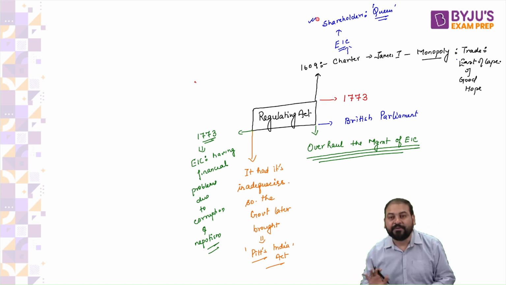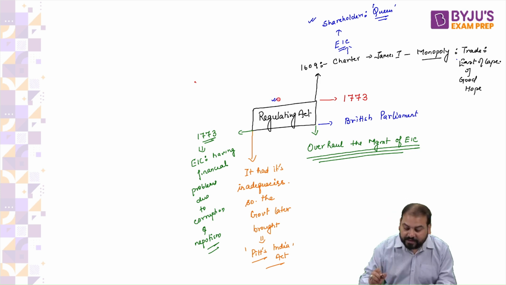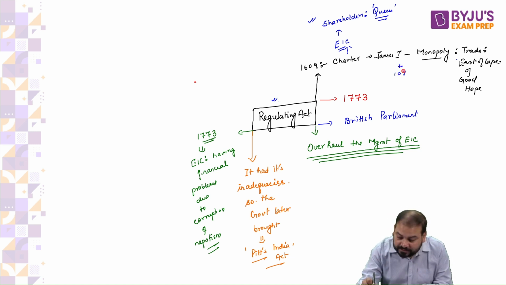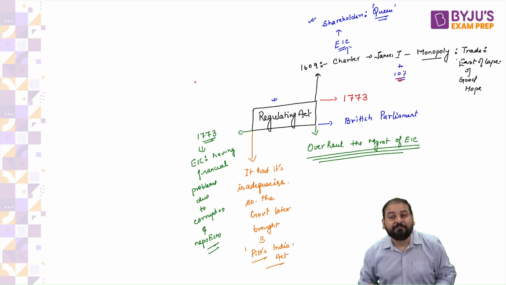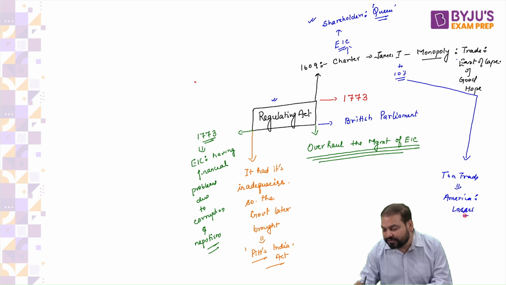So all of you tell me, will they not want that this company should survive? Plus, in the last paragraph only, did I not say that they had not been able to give the 10% share in the plunder? One of the reasons was that their tea trade in America was facing losses at this point.